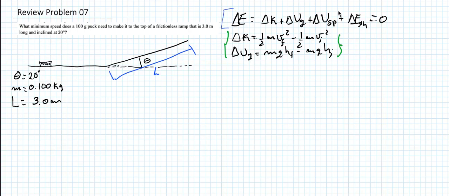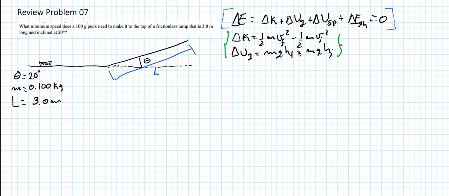The conservation of energy says the sum of all variations of all energies in this problem will be equal to zero. When I talk about variation, it will be delta K, the final kinetic energy minus the initial kinetic energy, and the final gravitational potential energy minus the initial gravitational potential energy.